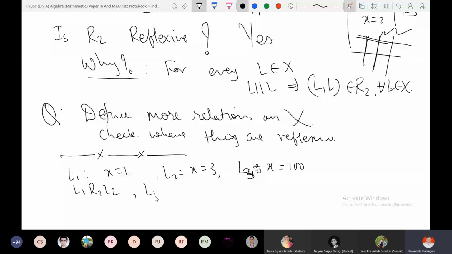But we are interested right now in whether L1 is parallel to L1, whether every line is parallel to itself. That is our point of discussion right now. It is true that L1 is parallel to L2 and to many other lines. There are infinitely many lines to which L1 is parallel. Correct?